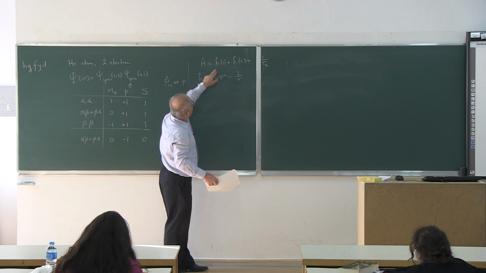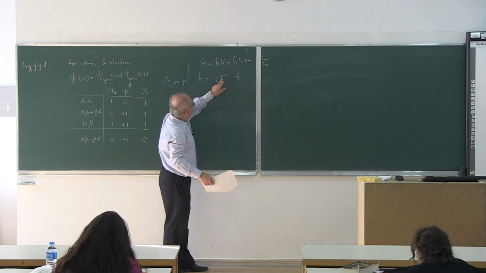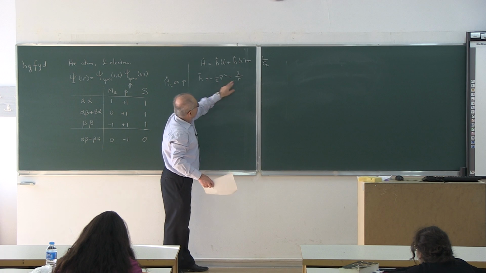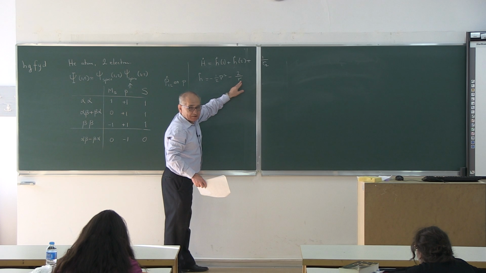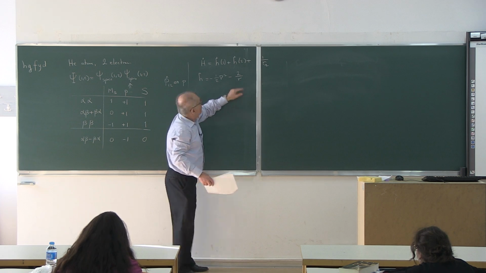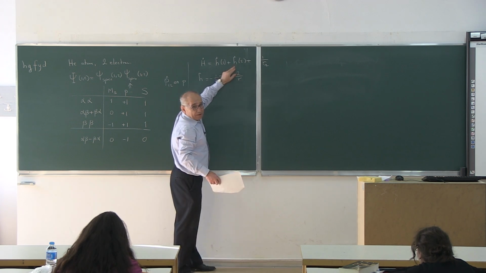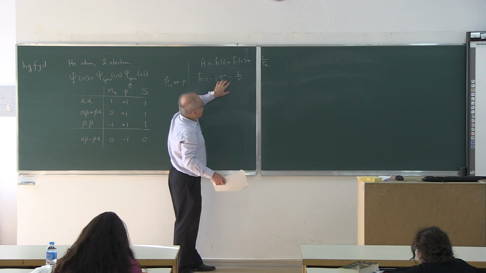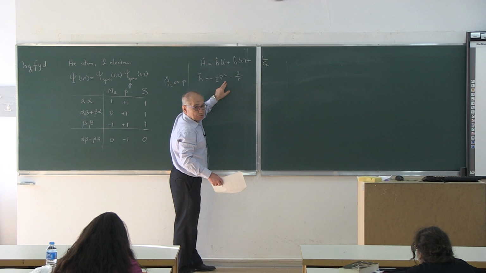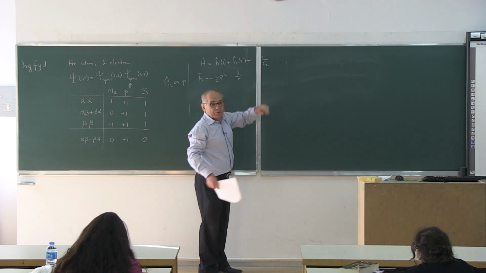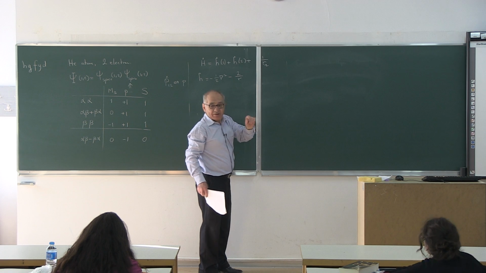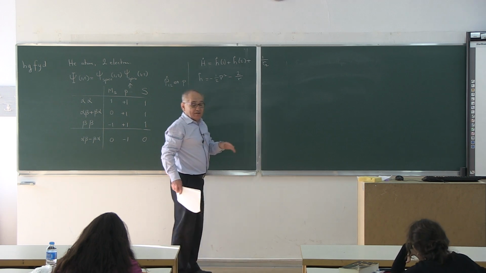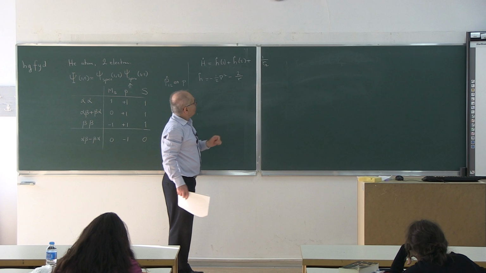Now, H1 means you will attach label 1 for the first electron to the kinetic energy part, and also this R part, so this will become R1. H2 means the same expression, except that label now is 2. Here you will put 2, and that one is also 2. And 1 over R12 is the electron-electron repulsion. In other words, the Coulomb interaction between the two electrons.